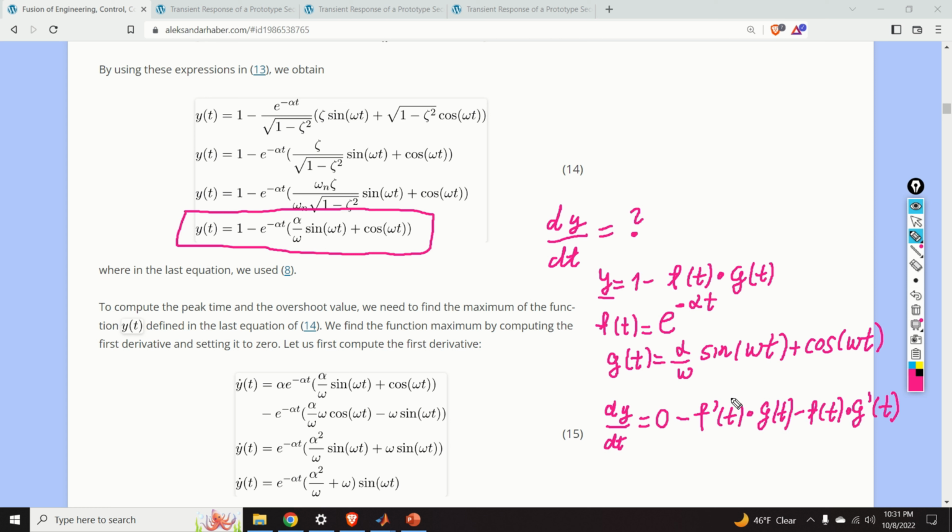Here we have used the product rule for derivatives, and by applying these steps to our function, we can obtain the final expression for the first derivative of y.